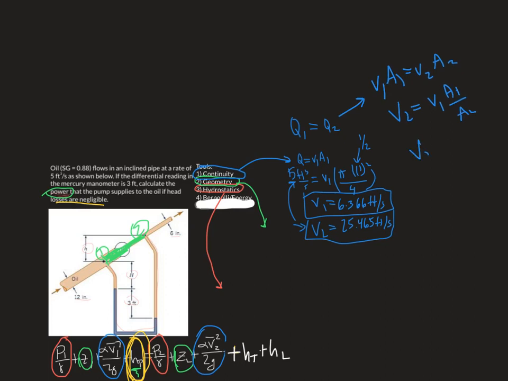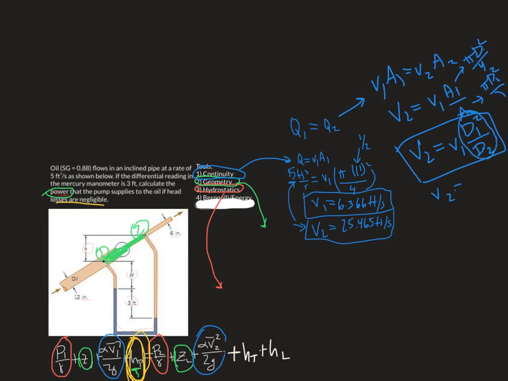If you plug in pi D1 squared on 4 here, and the same down here, pi D2 squared on 4, you get V2 equals V1 times D1 squared on D2 squared. This is an important result because it tells you that if D1 is twice as big as D2, then this ratio, once you square it, becomes 4.